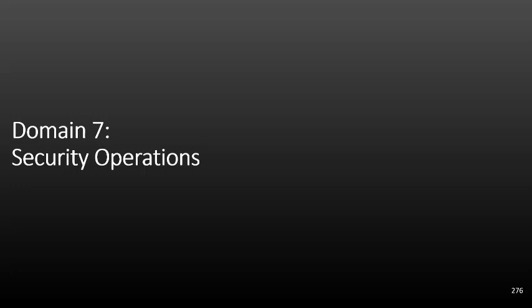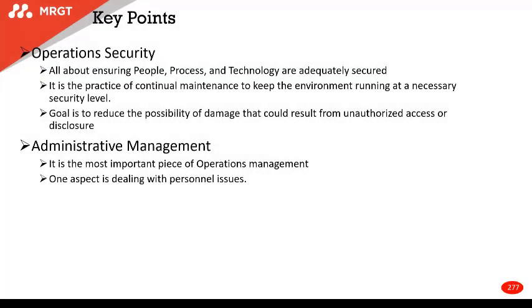This domain is mainly comprised of two main sections. The first section is about operations security, roles and responsibilities, and practices followed in the operations security department. The second aspect is related to physical security a little bit, as I told you in domain 3. There are two parts of physical security.